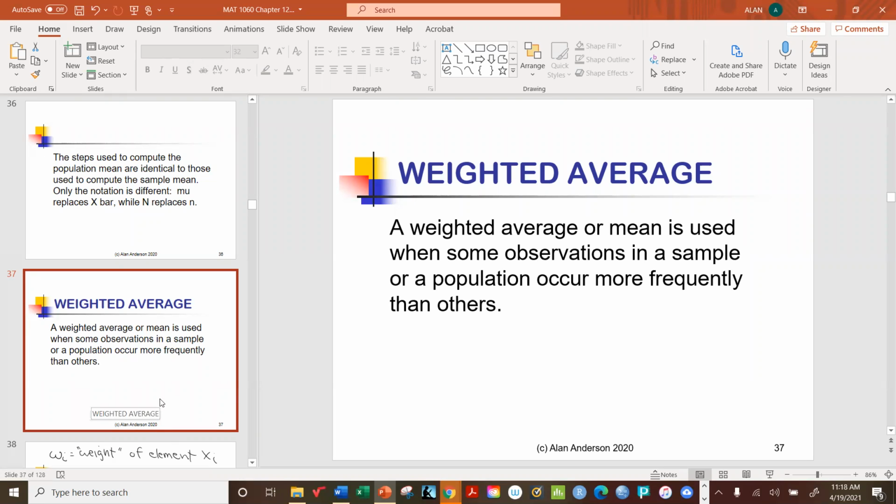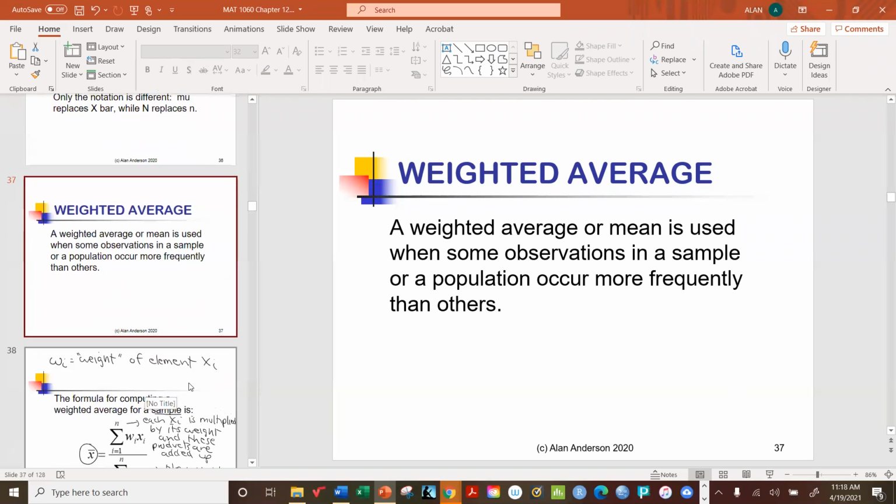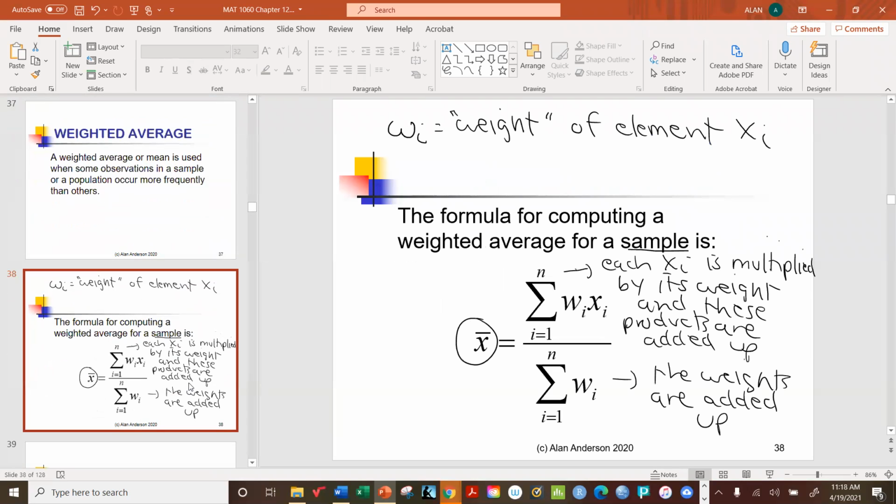All right, here we go. The sample mean, the sample weighted average, I should say, looks like this. Okay, so yes, it looks frightening. But before we go any further, I just want to mention that with a weighted average, we're assuming that each element xi has associated with it a weight, which we'll call wi.